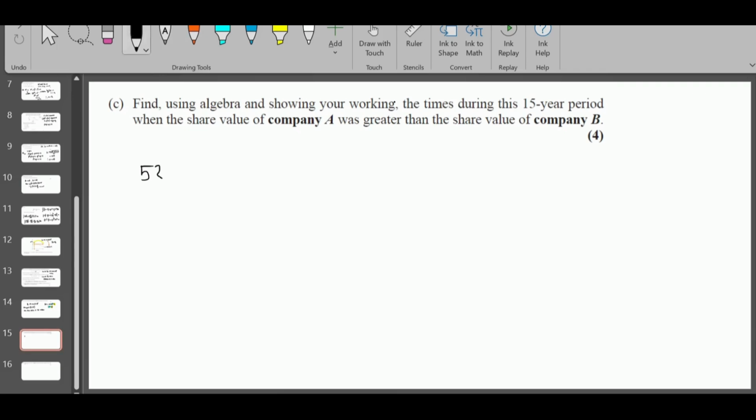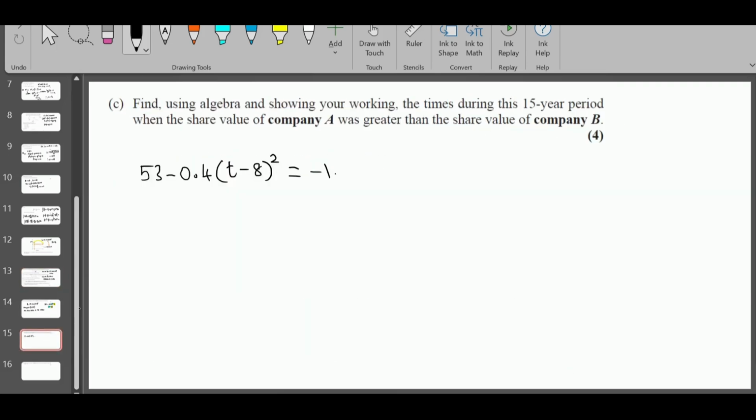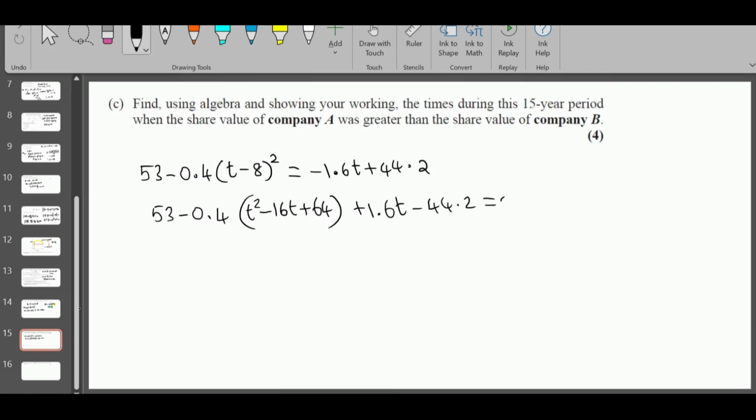So 53 minus 0.4 times (t minus 8) whole squared is equal to the second one, minus 1.6t plus 44.2. So 53 minus 0.4, open the bracket, (a minus b) whole squared is a squared minus 2ab plus b squared, plus 1.6t if you push it to this side, minus 44.2 is 0.